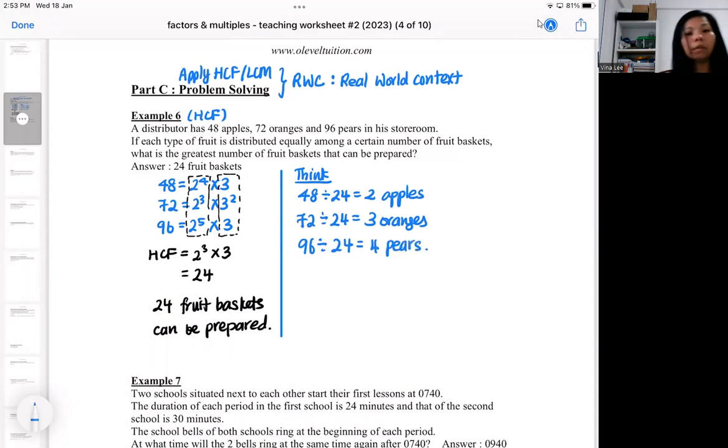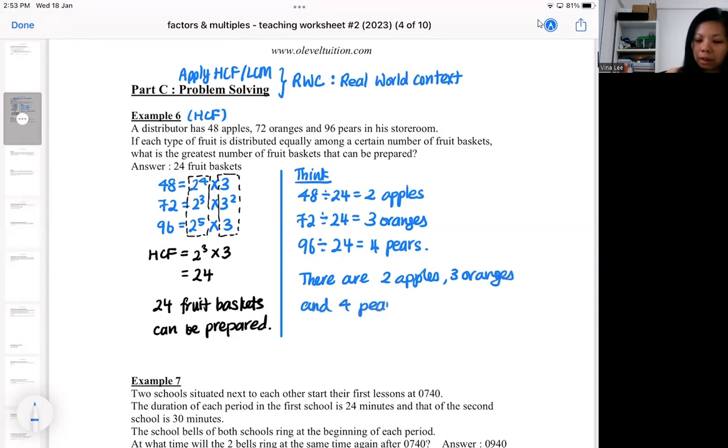So if the question indicates further, or you are supposed to find, sometimes they will ask for it. They can ask for the total number of fruits. They can ask for the variety of fruits. Anyway, your thinking should be right: there are 2 apples, 3 oranges, and 4 pears in each basket.